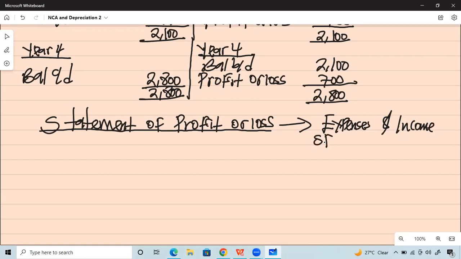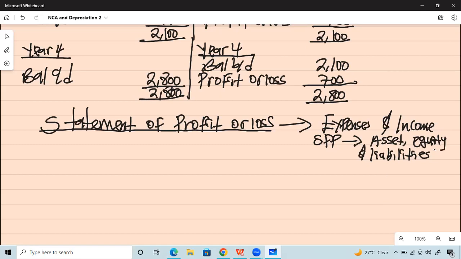The statement of financial position will have three elements. It's going to contain assets, your equity, and the liability. You know, we have 5 elements of financial statement: the expenses, the income, the asset, the equity, and the liability.